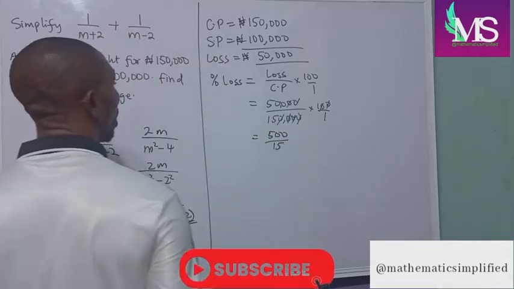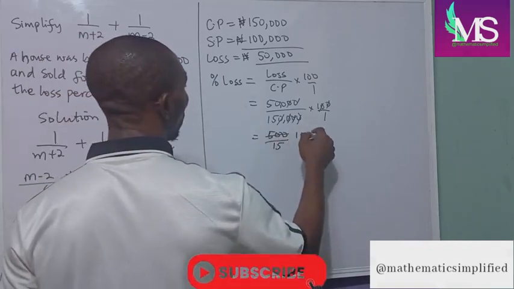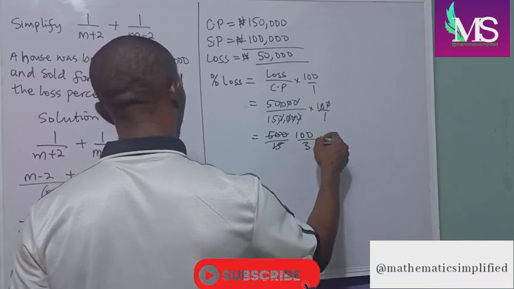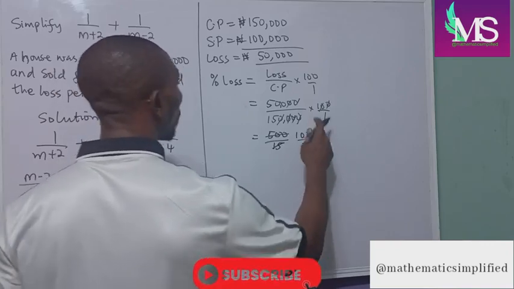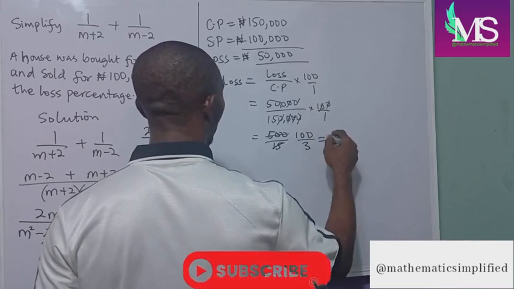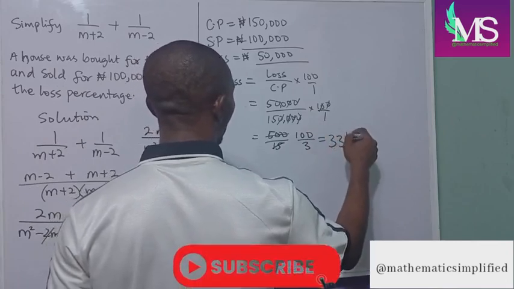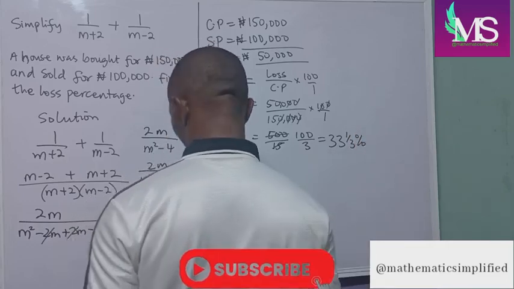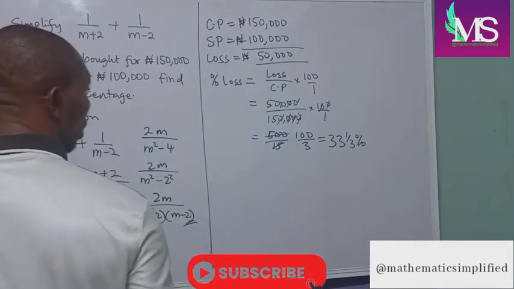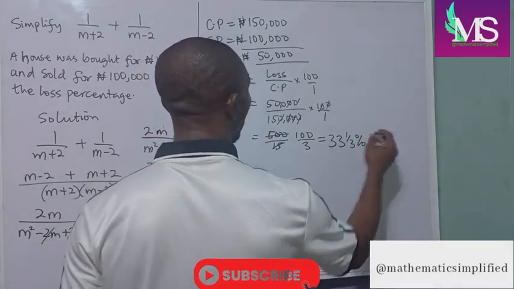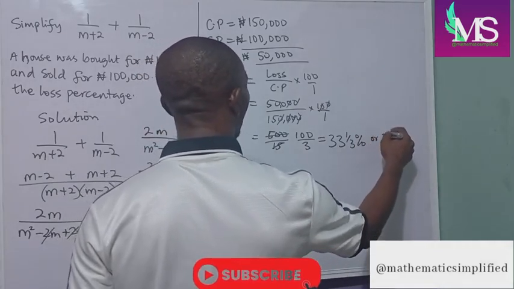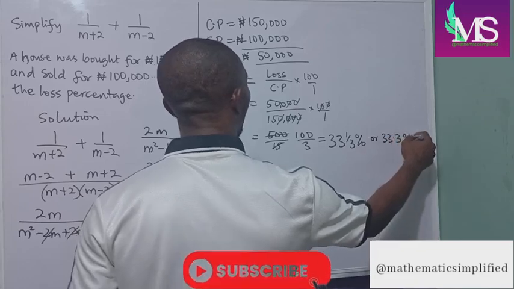We can still break this down: 5 here gives 100, 5 here gives 3. So our loss percent will become 100 divided by 3, which gives us 33 1/3%. Or in decimals, it can be 33.3%.